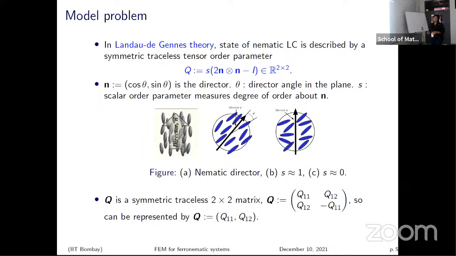S is the probabilistic average of the angles between each molecule and this director. Since Q is a symmetric traceless 2 by 2 matrix, it has only 2 degrees of freedom. So we can represent Q as a vector which has two components, Q11 and Q12.